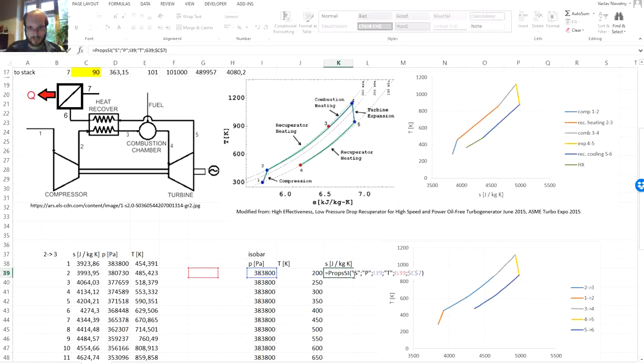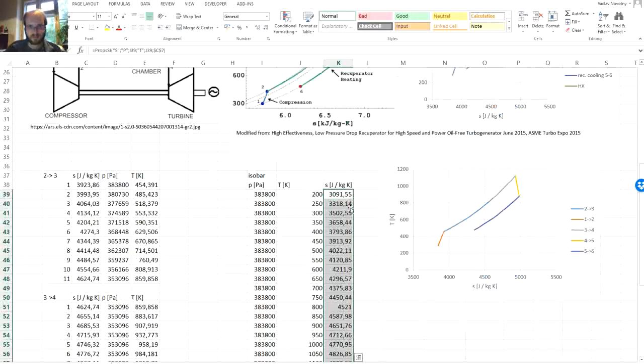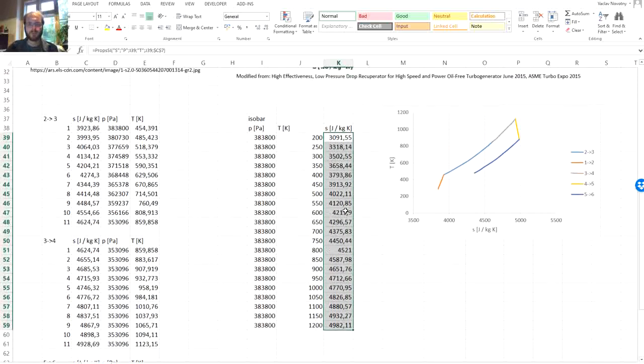So we want entropy from the pressure, which is here correct, and temperature, which we just need to move in here. Yeah. And we get the entropies.